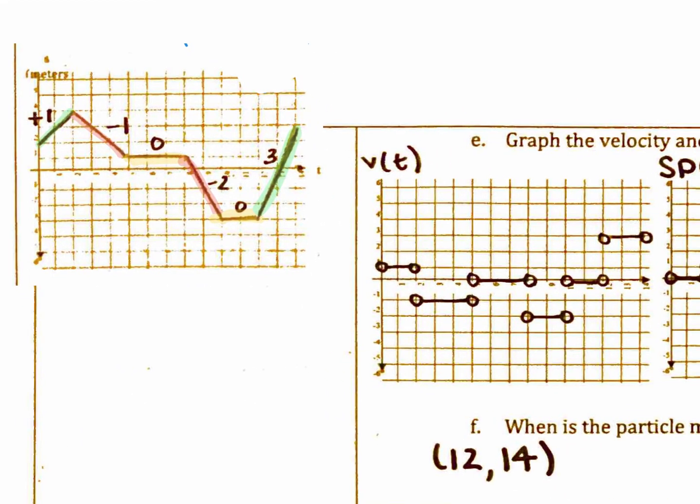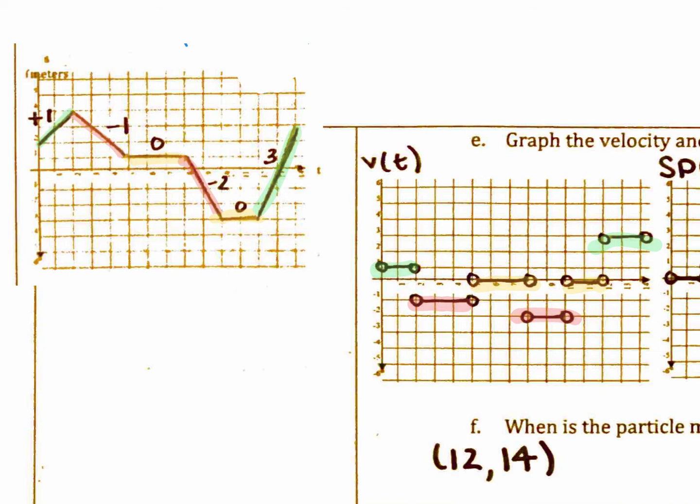So if we look at our velocity, we start off at +1, and then we immediately go -1, and then we spend some time at 0, and then we go negative, 0, positive. So we're back at negative, then 0, then positive.